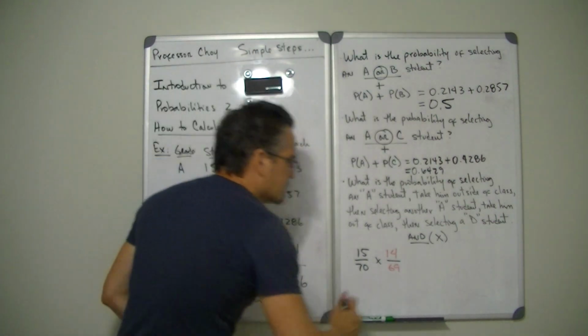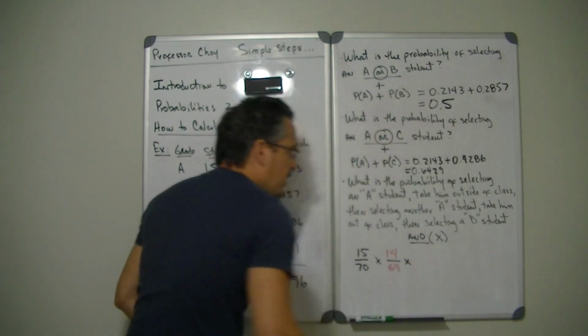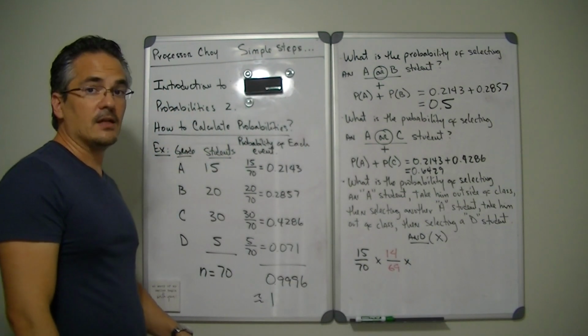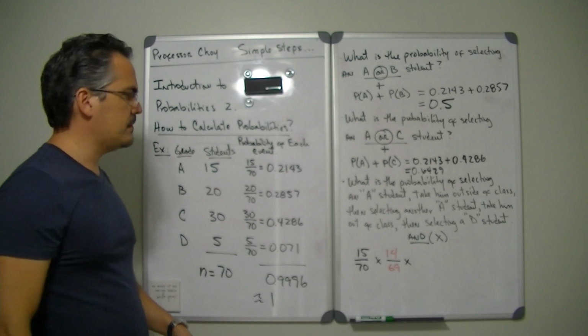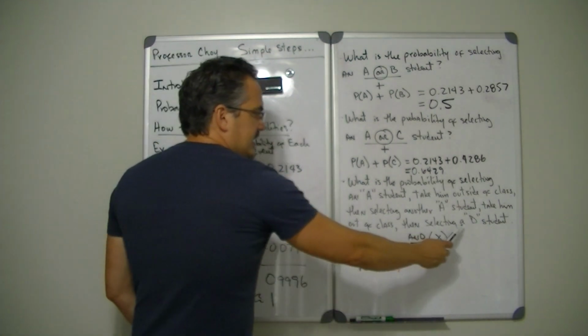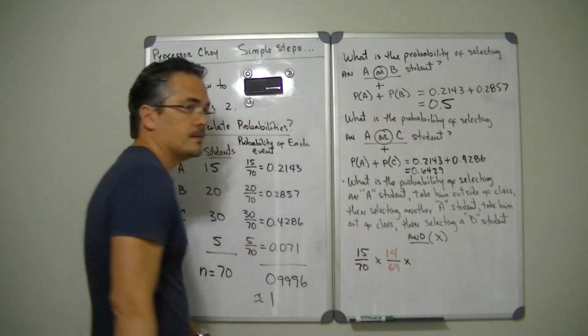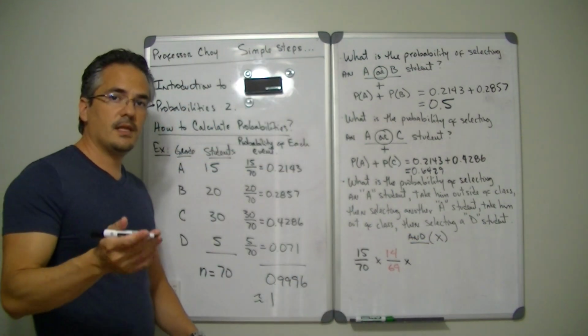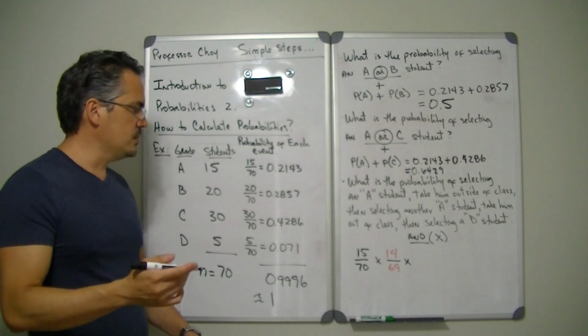Okay, now, the third event that needs to happen subsequently, not at the same time, but in a sequence, is selecting now a D student. Now, what's the probability that we're going to be selecting that D student?